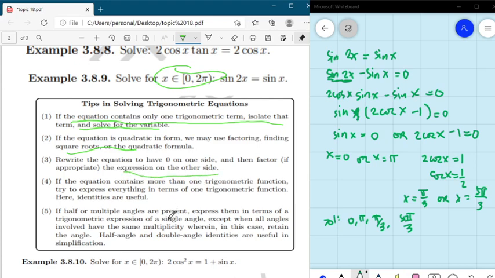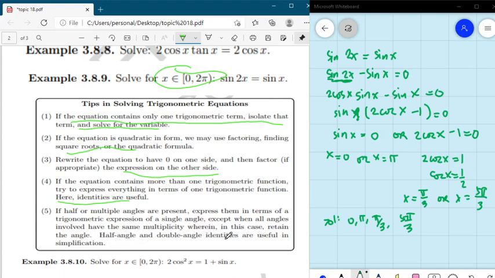If the equation contains more than one trigonometric function, try to express everything in terms of one trigonometric function. Here, identities are useful. If half or multiple angles are present, express them in terms of a trigonometric expression of a single angle, except when all angles involved have the same multiplicity, in which case retain the angle.